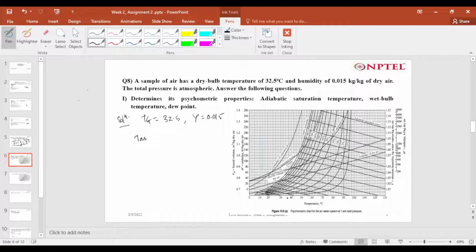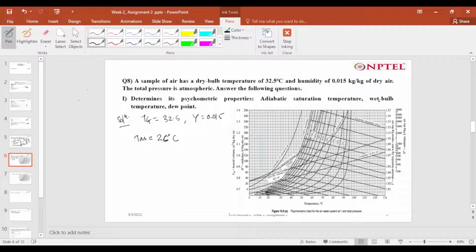So this temperature is 26. All of you clear? Due to the image I pasted here, I cannot write 26 degrees Celsius.